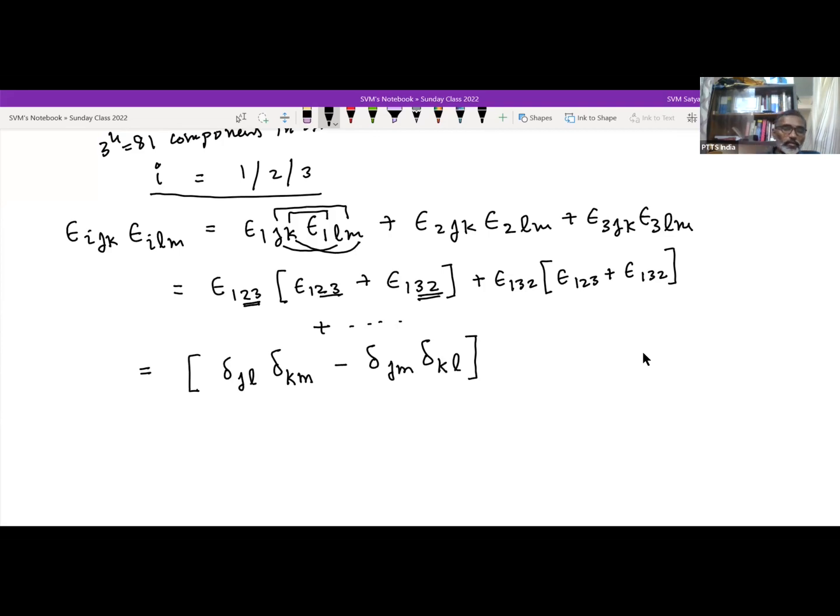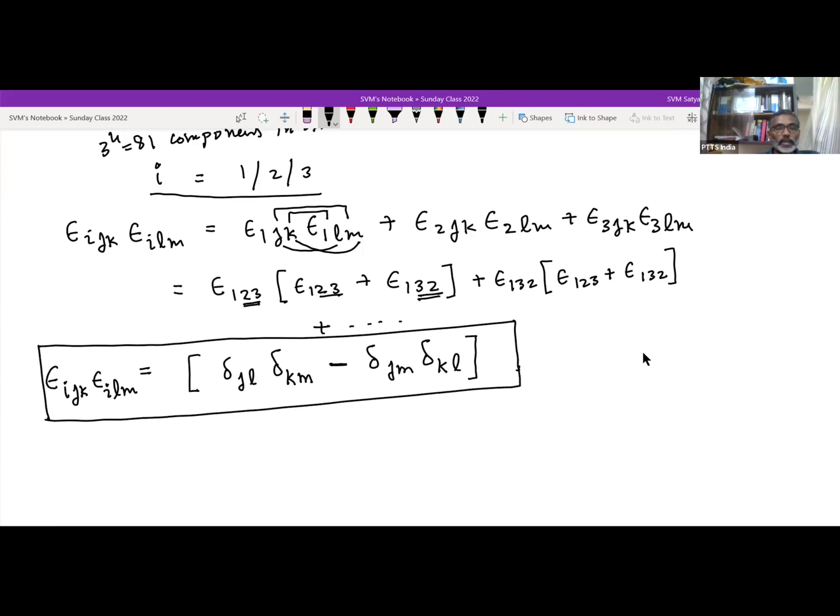But remember the 4 free indices are there. So whatever I have written in the bracket is a 4th rank tensor. And whenever j and m are same and k and l are same, one of them is positive, other one is negative. So it will be a minus 1. So I will have a minus sign here. And this is what it is. Okay, so this is an important identity: epsilon ijk and epsilon ilm is equal to delta jl delta km minus delta jm delta kl.